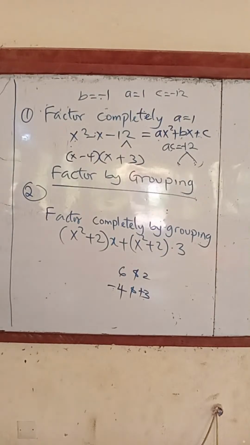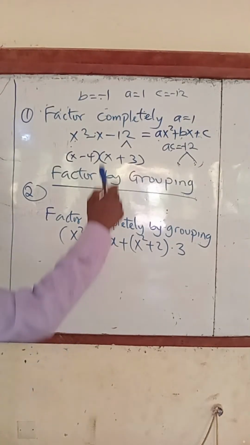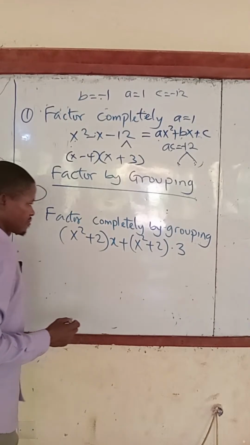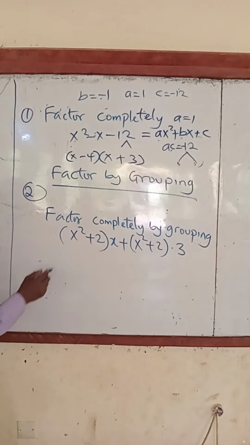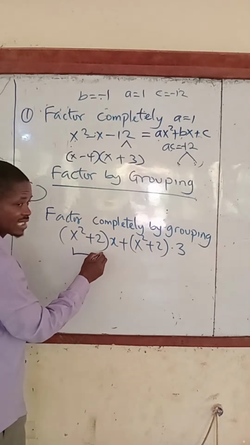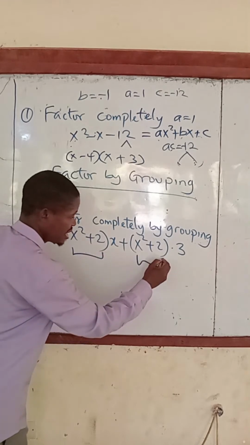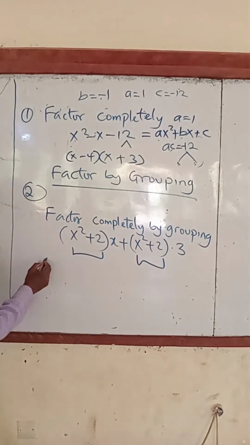Then the next question: factor completely by grouping. What you do in this case is to look for the expression that is the same. This one is here, and this one is also here. Can you take it out?